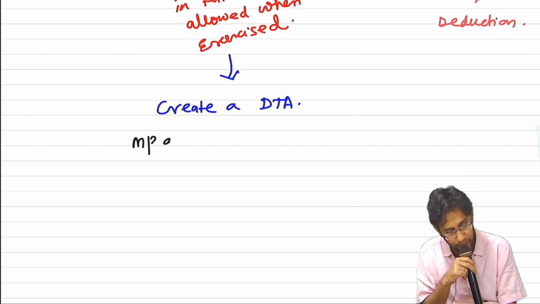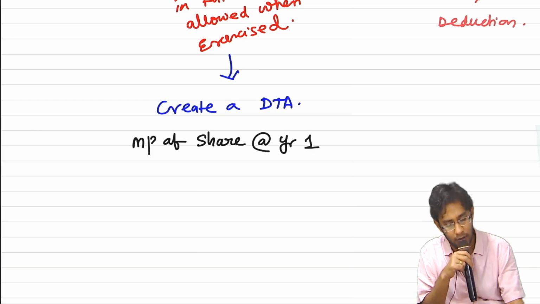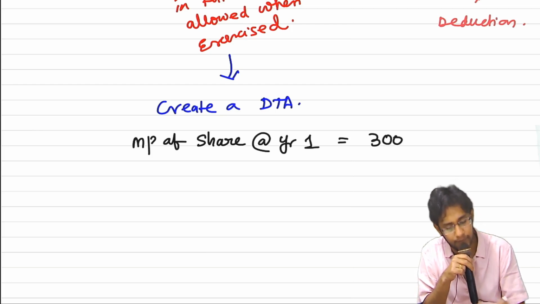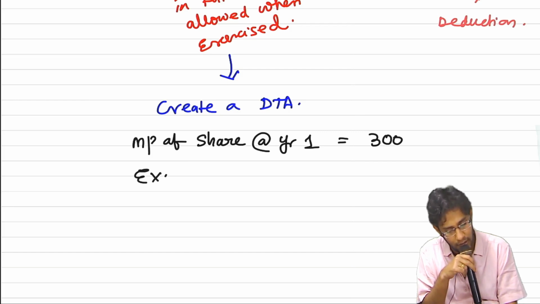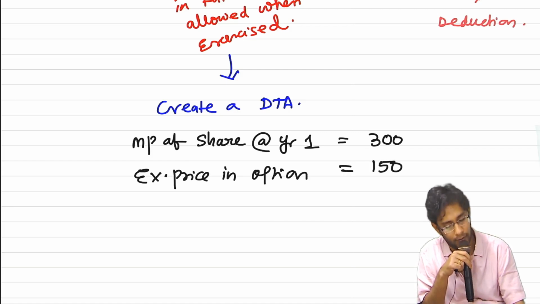Take the market price of the share at the end of year 1. Suppose the market price of the share at the end of year 1 is 300. The exercise price in the option, let us say we committed 150.